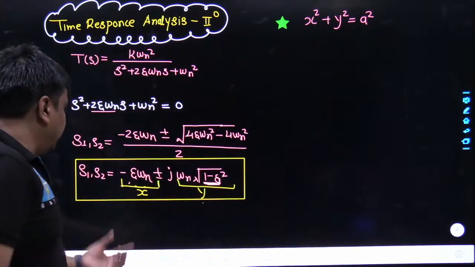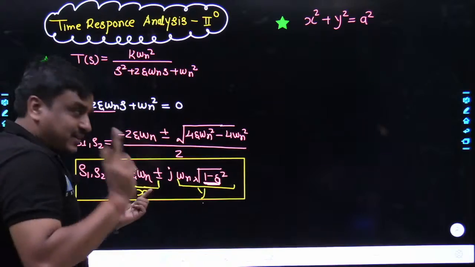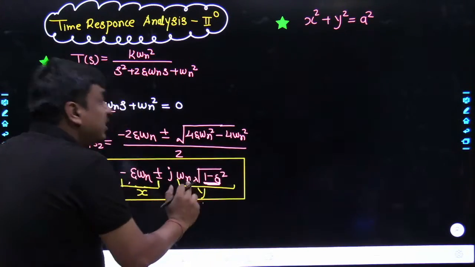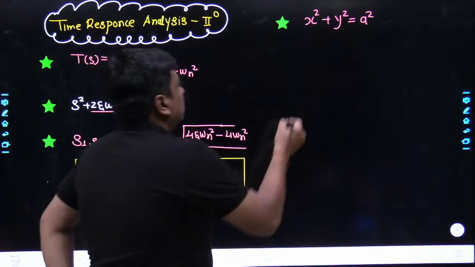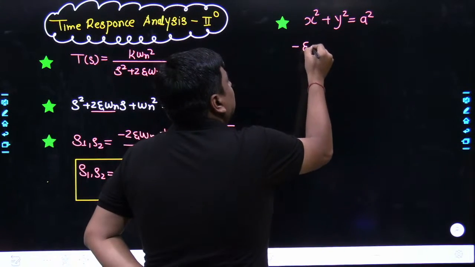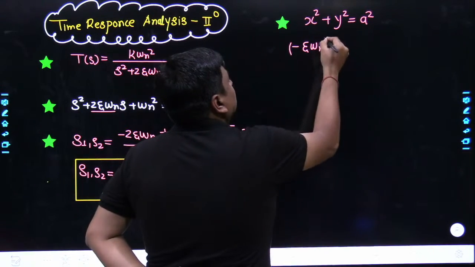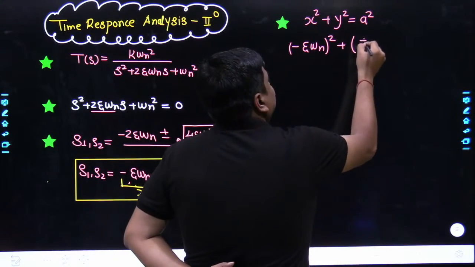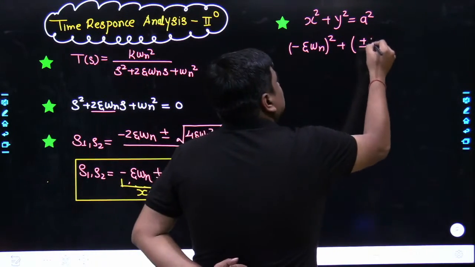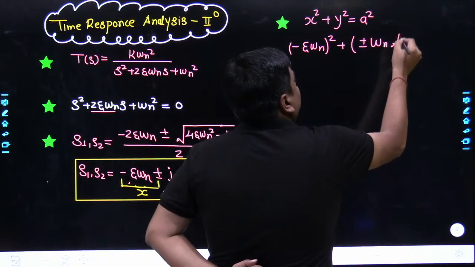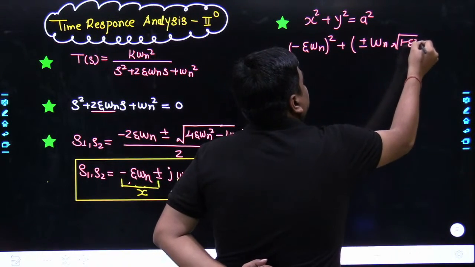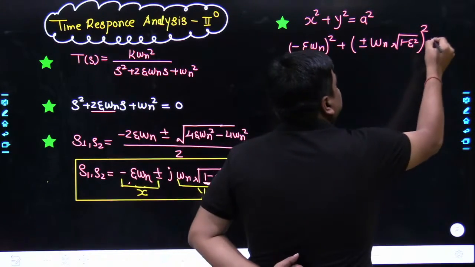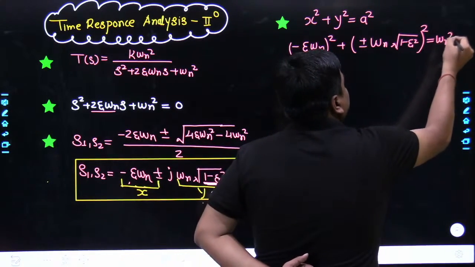And even if you take minus zeta omega n as x, and similarly plus minus omega n root over of 1 minus zeta square as y, you will get minus zeta omega n to the power of 2, and here plus minus omega n root over of 1 minus zeta square to the power of 2. Once you calculate this, the result is simply going to be omega n square, which we have seen in the last class.